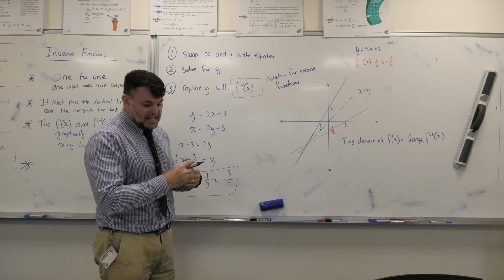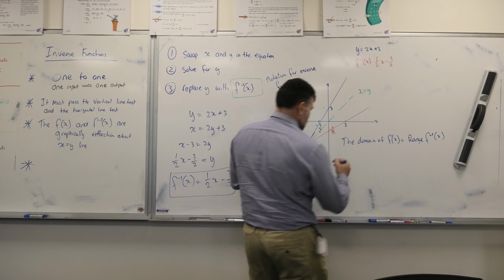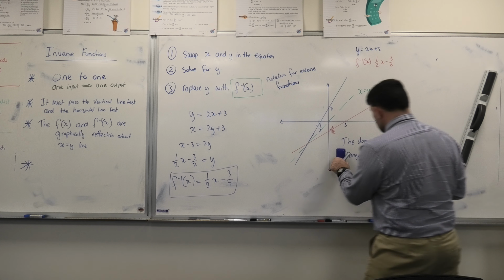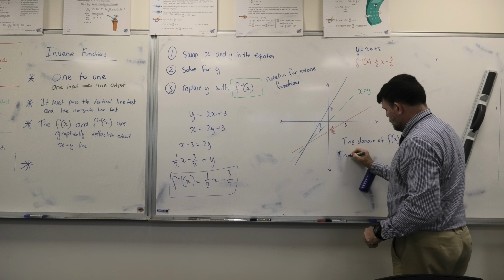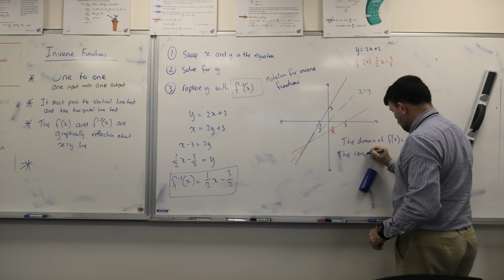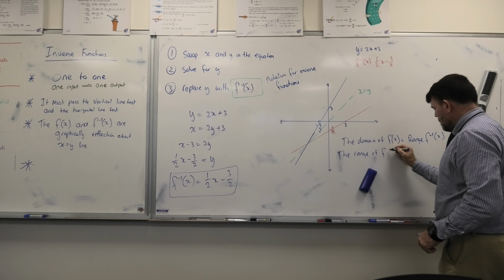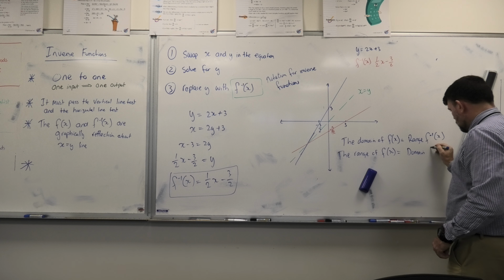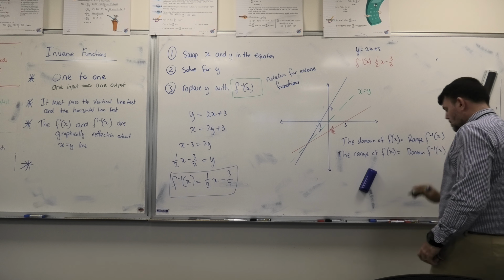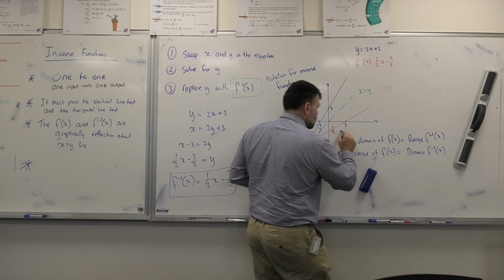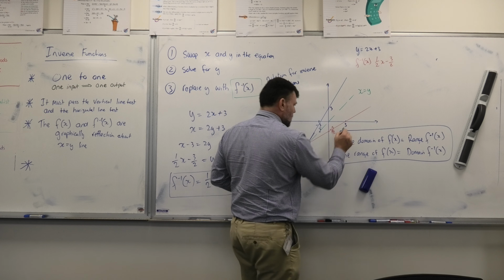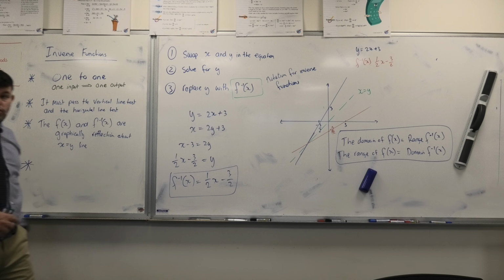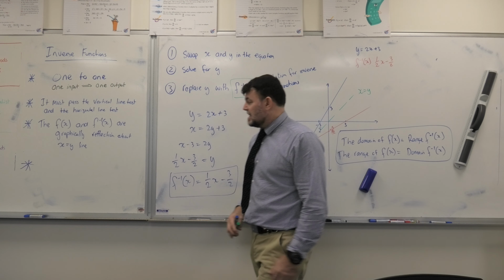And we can also state that the range of f of x is equal to the domain of our inverse. And this here is an important rule to have. Really, really important. It's not one of the 4 properties I'm talking about, but it's something that you should have an understanding about.